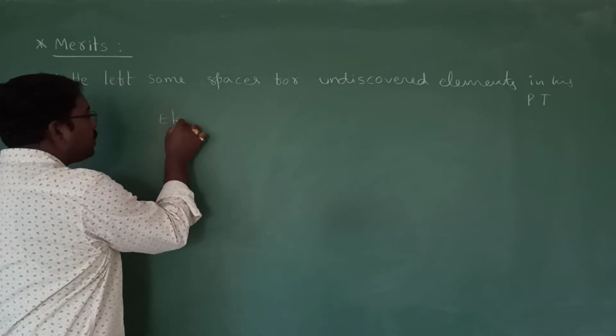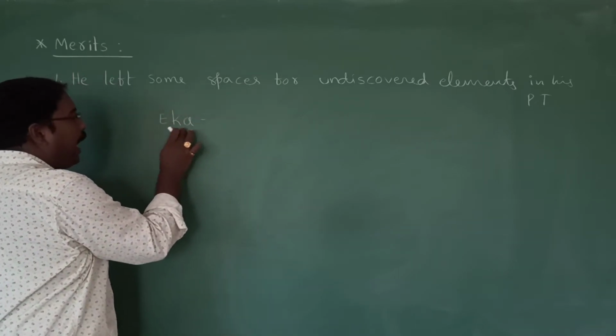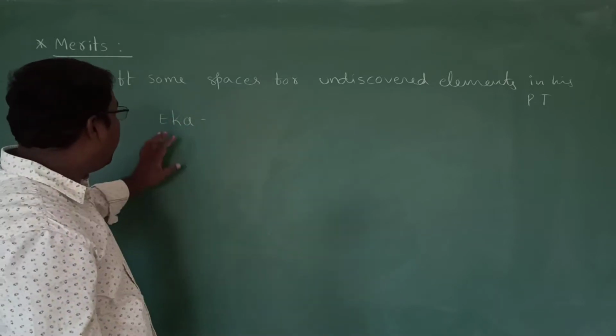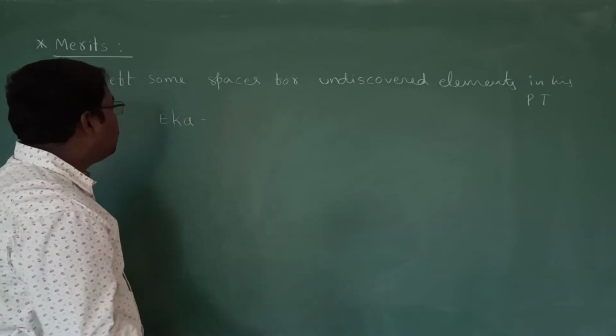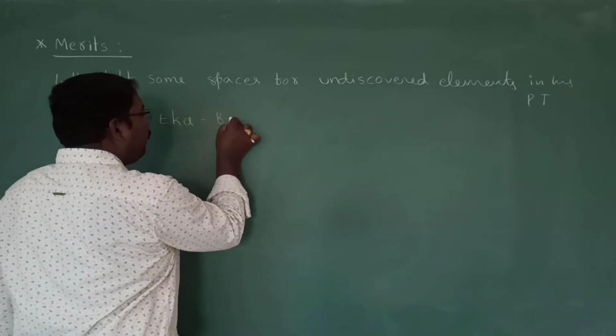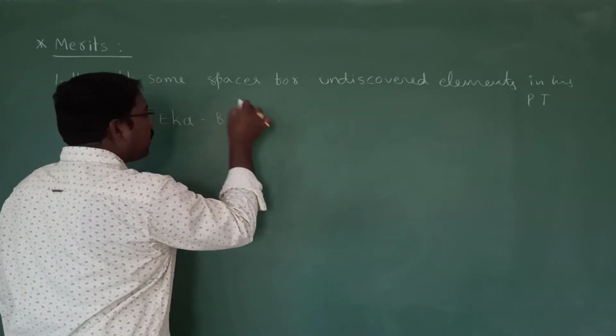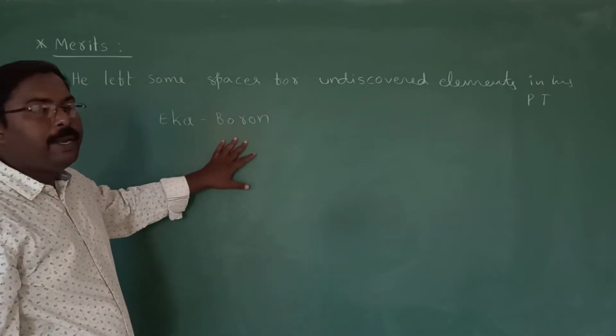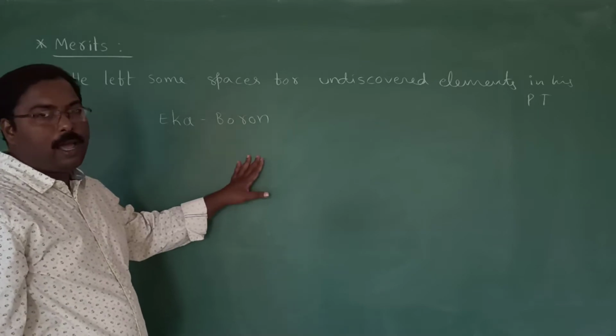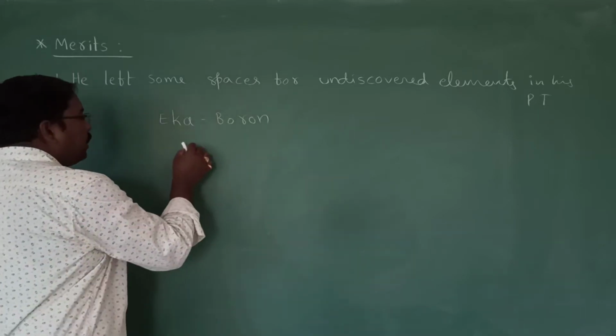Now coming to the naming of such undiscovered elements, he gave names starting with the prefix Eka. Eka means unknown. He left a space after boron, and he named that undiscovered element Eka-boron.